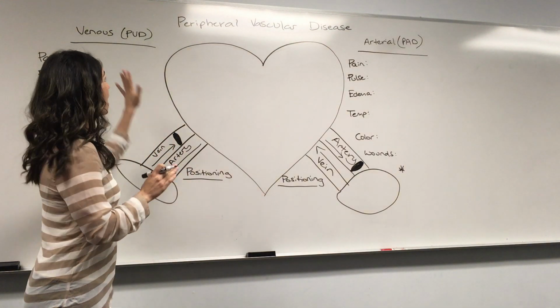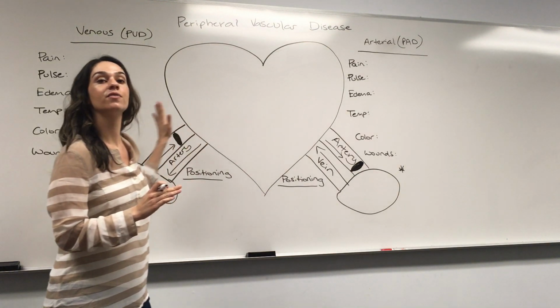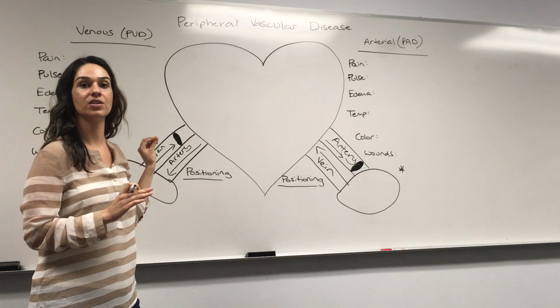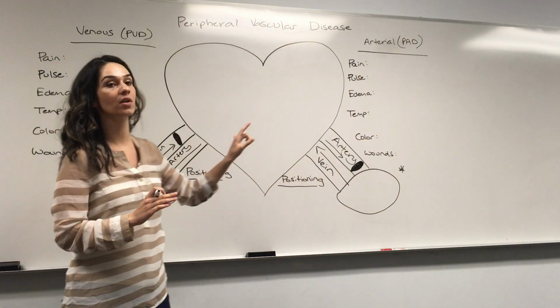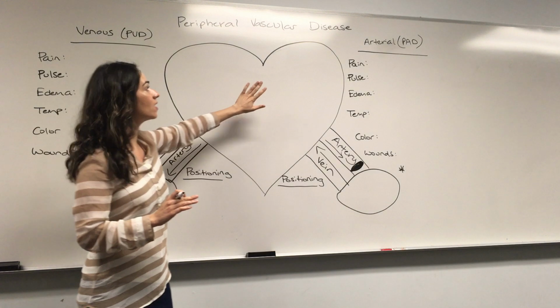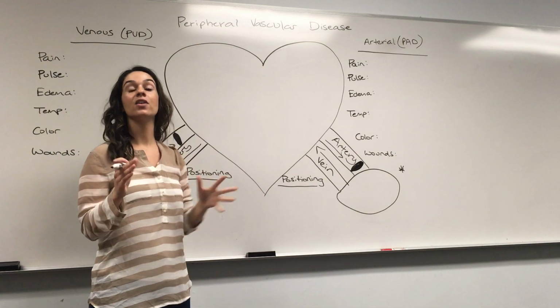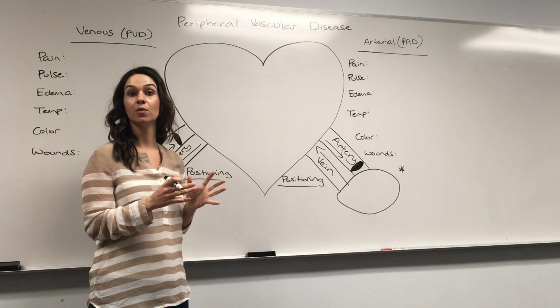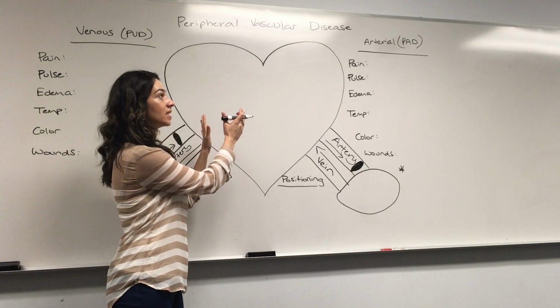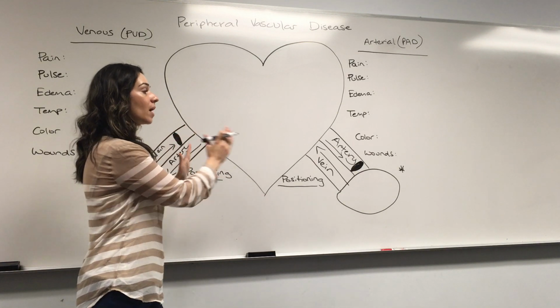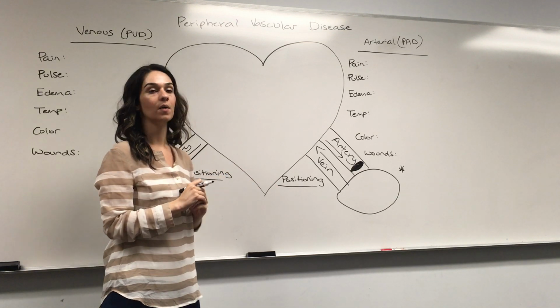On each side, we're going to differentiate between the manifestations of a venous disorder and arterial disorder. In the middle of my big heart are going to be interventions that are universal for both disorders, okay? So we know how to group them together, and then we're going to talk about positioning towards the end, okay?